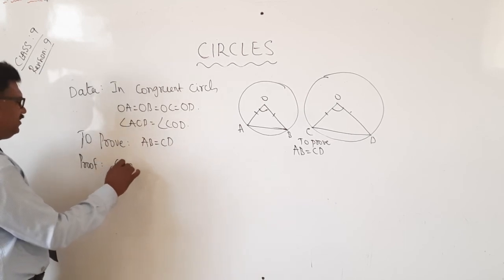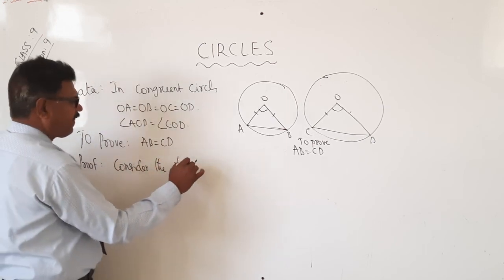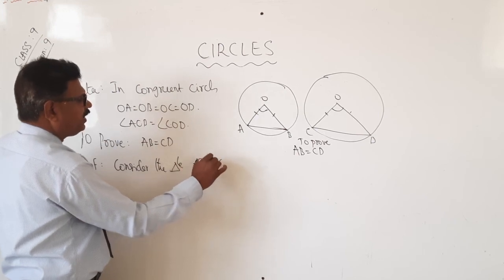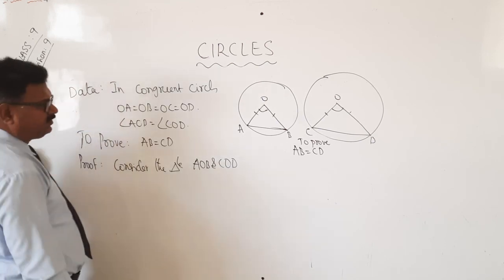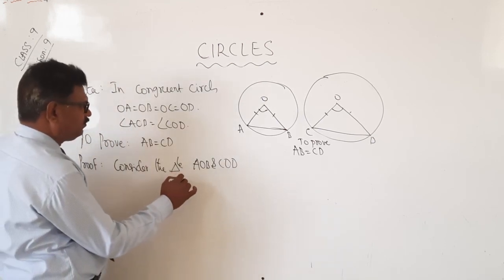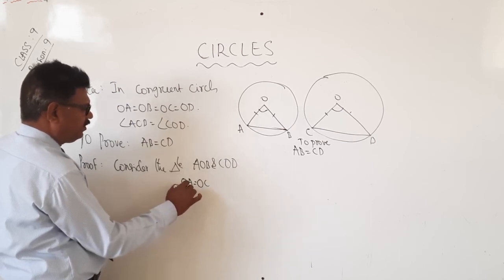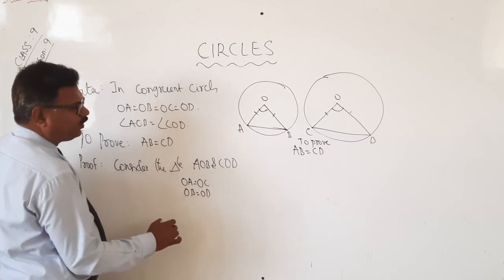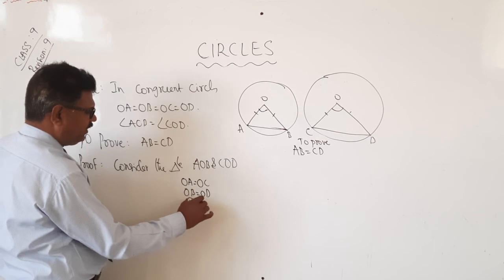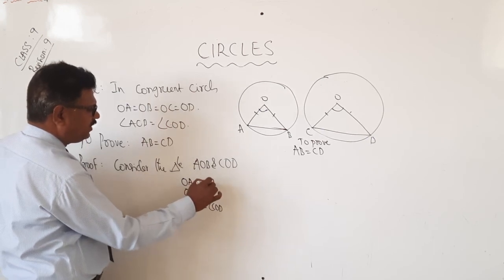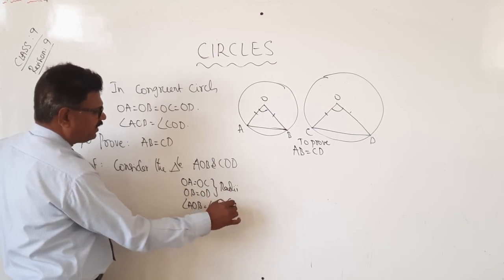Yes, consider the triangles AOB and COD. In AOB and COD, OA equal to OC, OB equal to OD, angle AOB equal to angle COD. Here radii of the circle, here given.